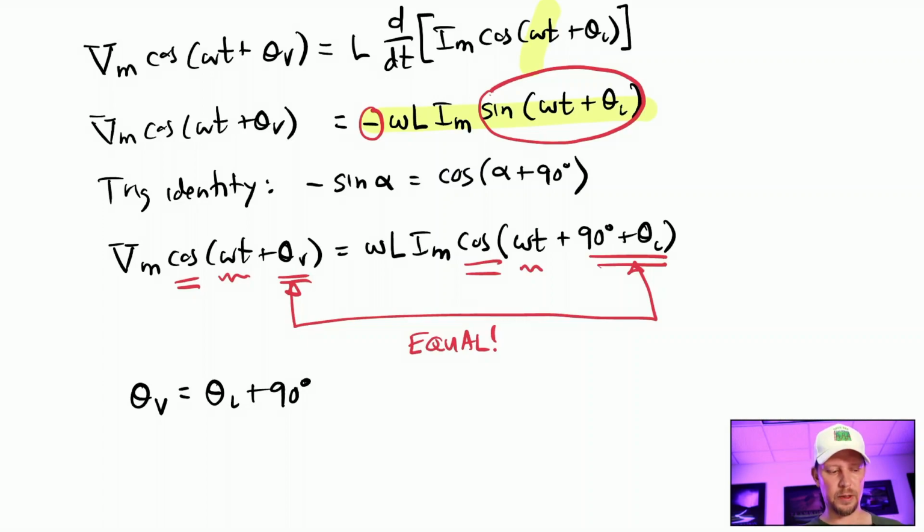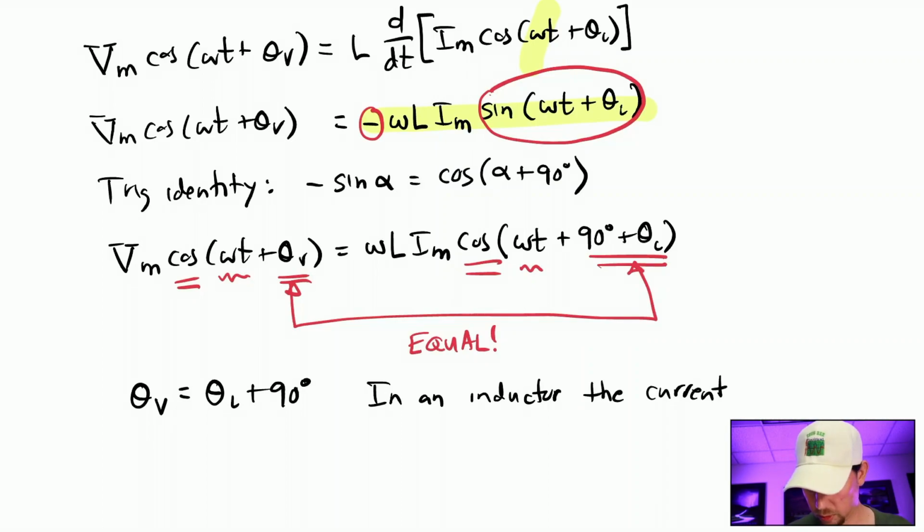This property for inductors can also be verbally stated by saying that in an inductor, the current lags, this is an important term, the voltage.